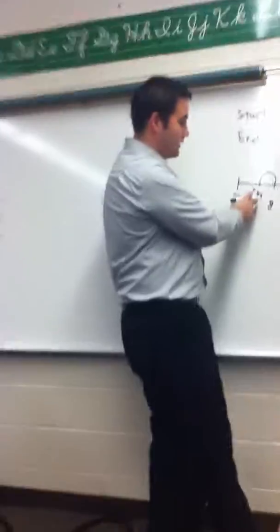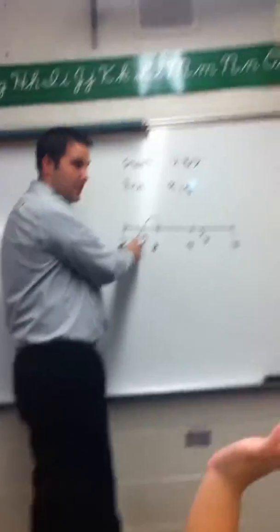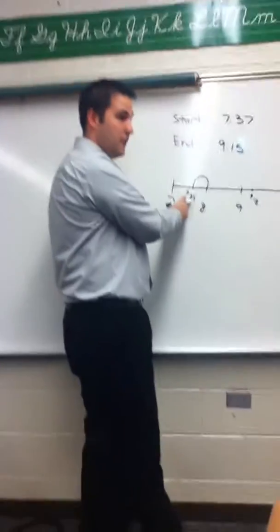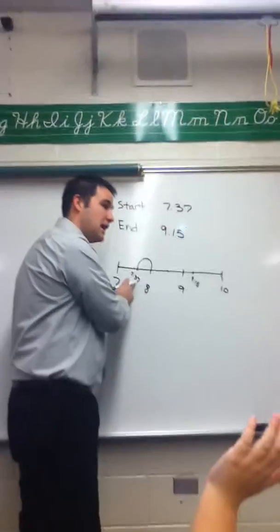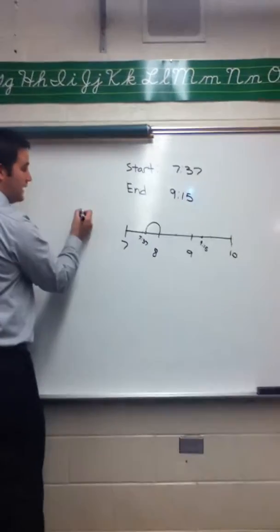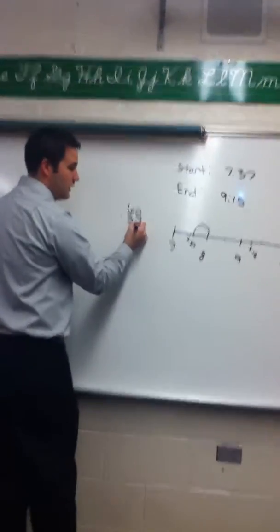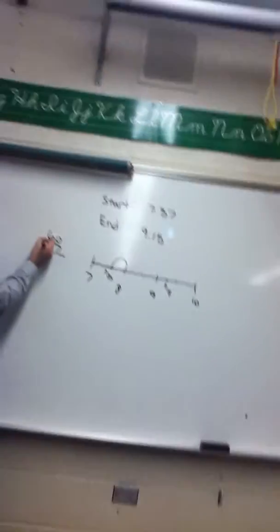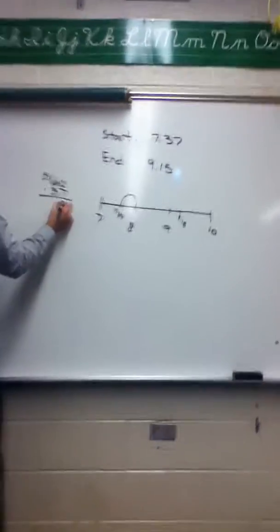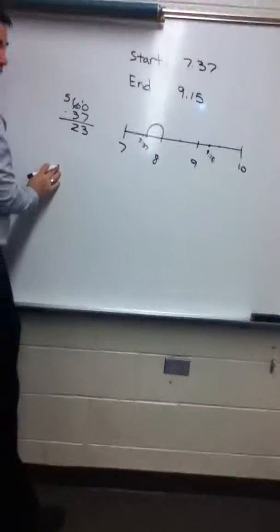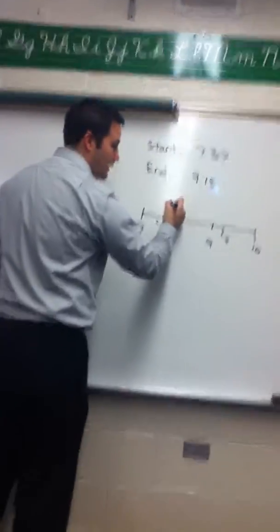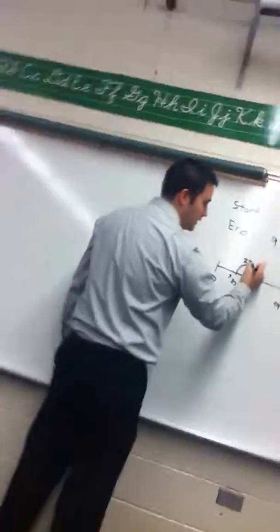Because I know that there are 3 more minutes to get to 7:40, and then only 20 minutes after that. So that's 23 minutes. But if you can't do that in your head, you can always do it off on the side by doing 60 full minutes minus the 37. Do a quick subtraction problem, and you get 23. So I know that this jump was 23 minutes.